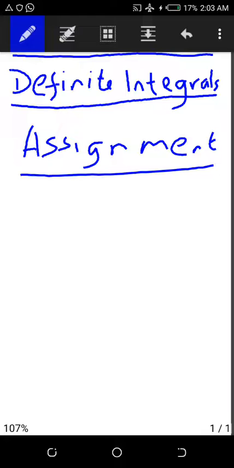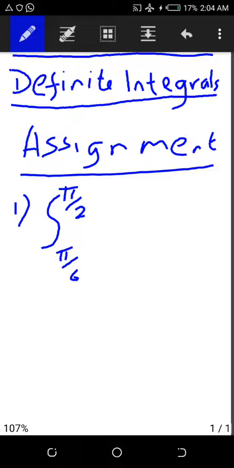Evaluate for me, 1, the definite integral of pi over 2 and pi over 6 of sine x with respect to x. Alright, that's 1.